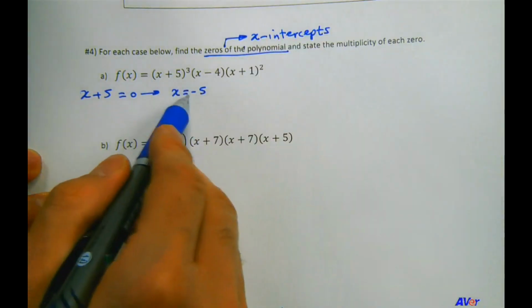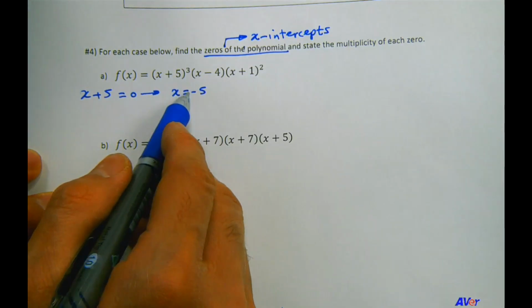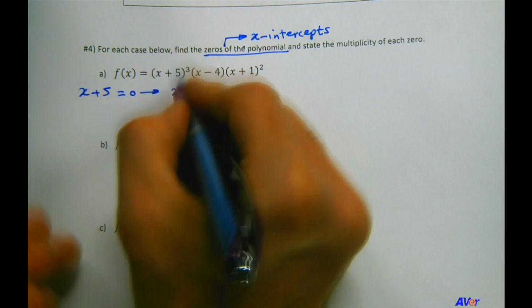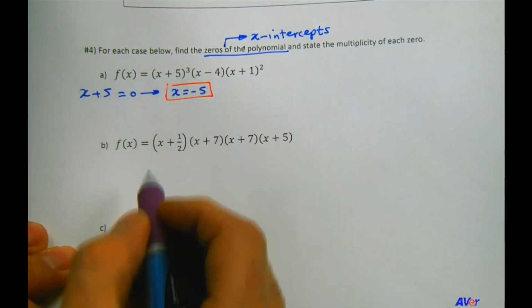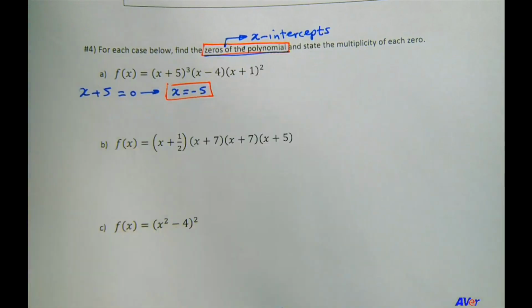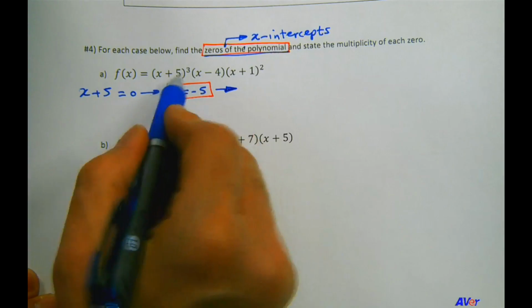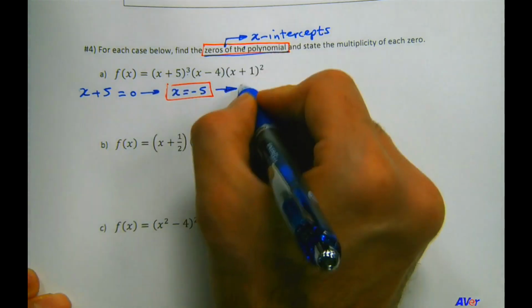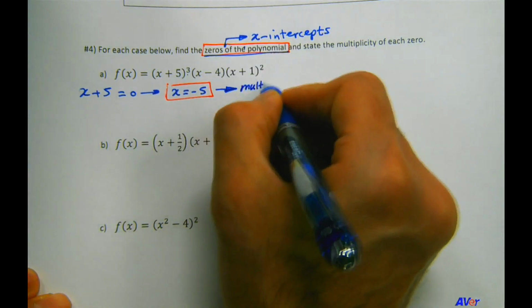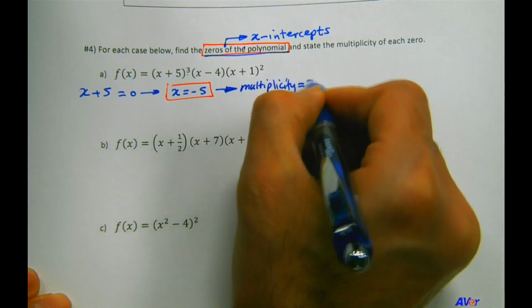So x equals negative 5 is a zero of the polynomial. Then they say state the multiplicity. Multiplicity of that is 3.